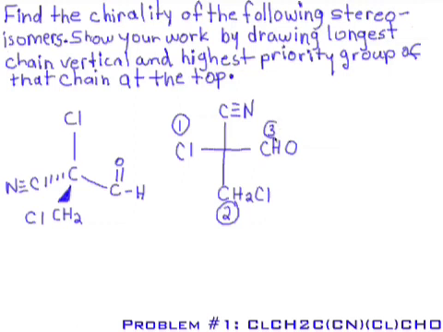And so lo and behold, the group we put at the top by EZ prioritization is the lowest. Now, when I say in the question highest priority group of that chain, I'm talking by regular nomenclature, not EZ prioritization. Now, in order to solve our R/S, we have to do one interchange.